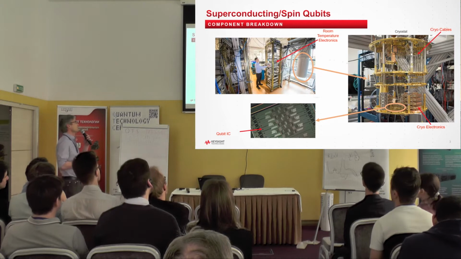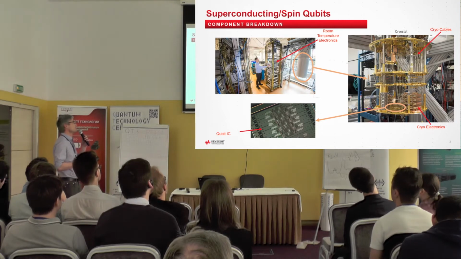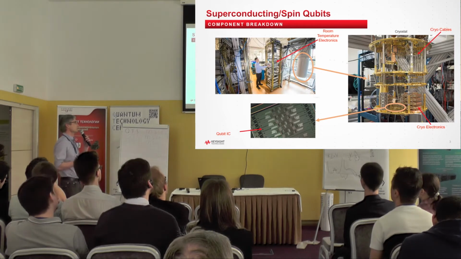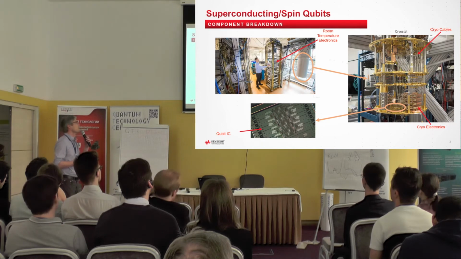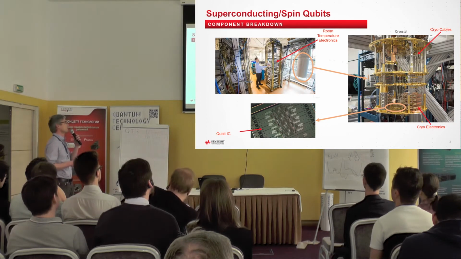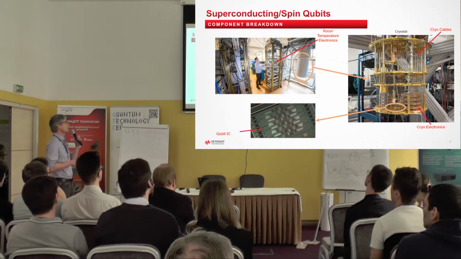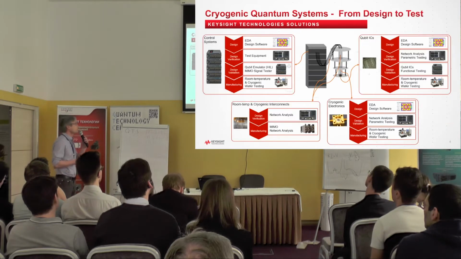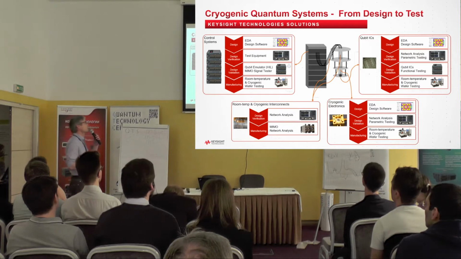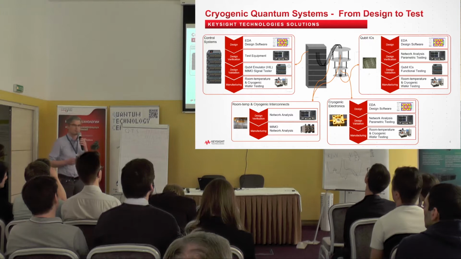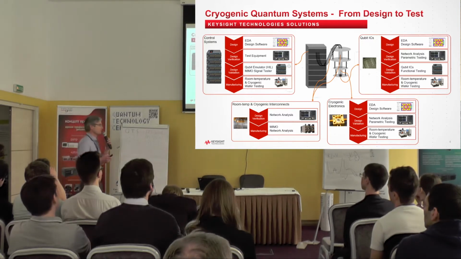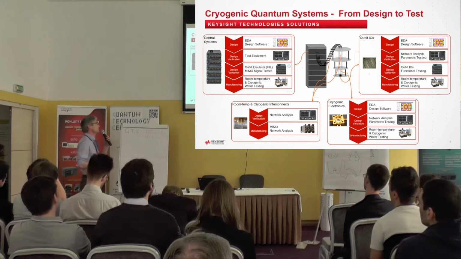And this is room temperature electronics, used for performing different kinds of measurements and experiments. We are the company that makes everything located inside this rack. Of course we also have solutions for non-cryogenic systems, like optics, atoms and other implementations of qubits.